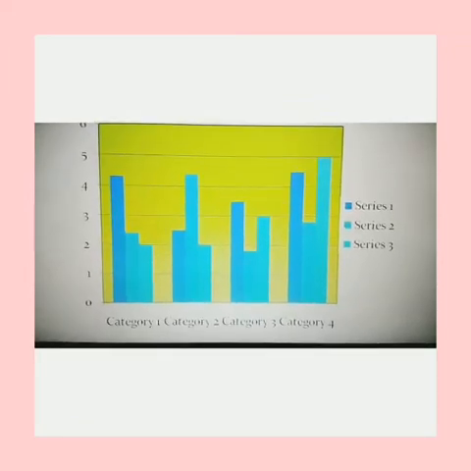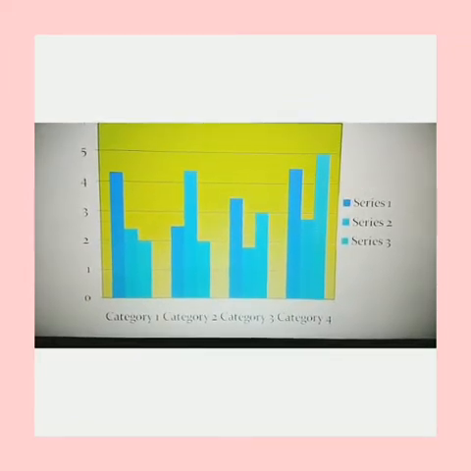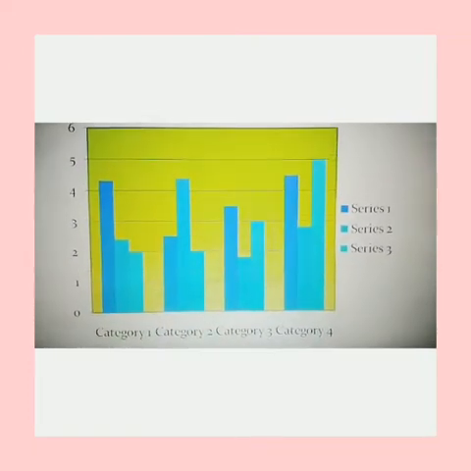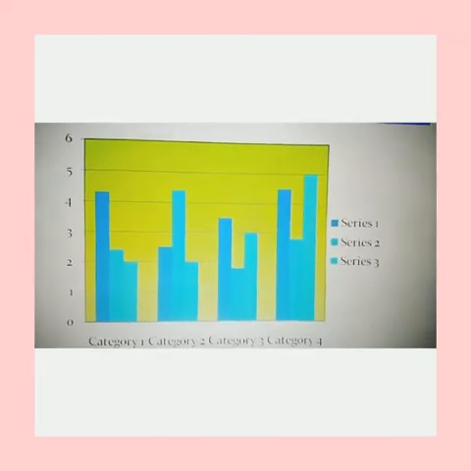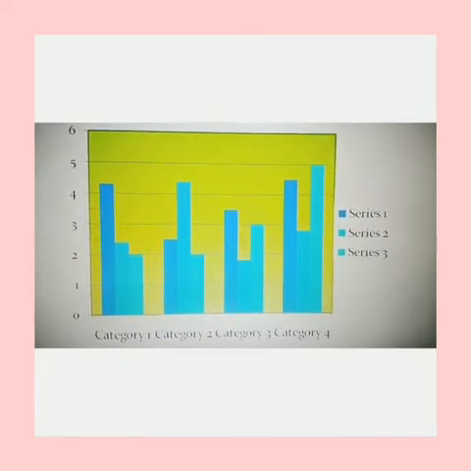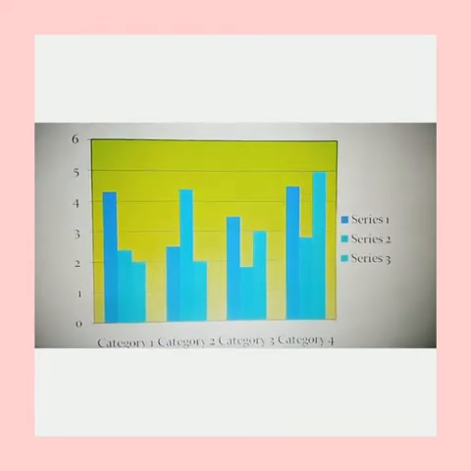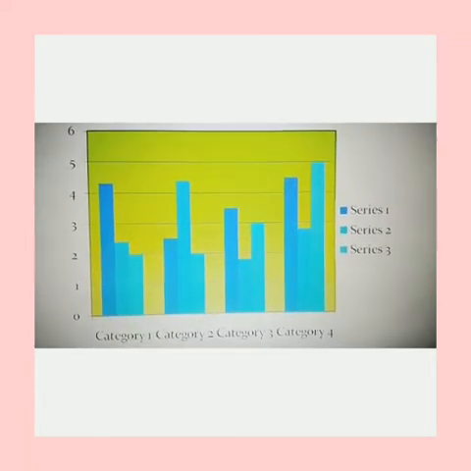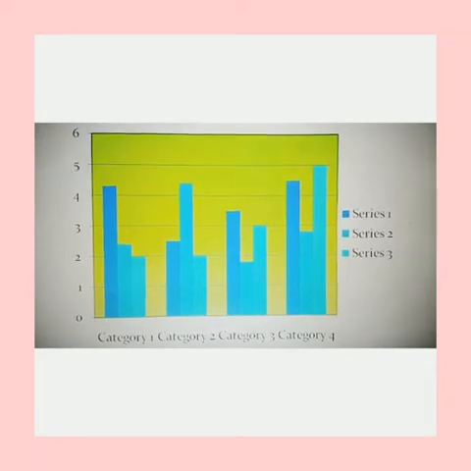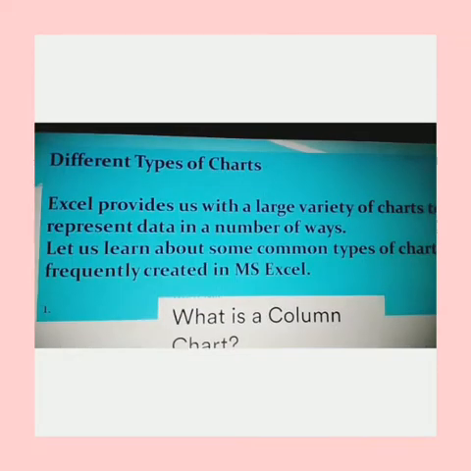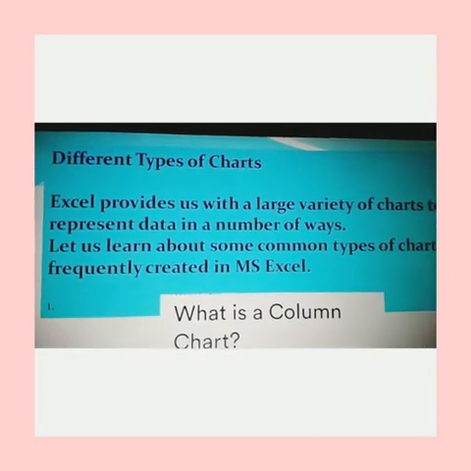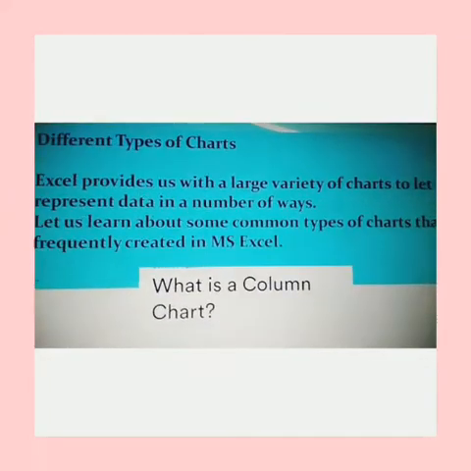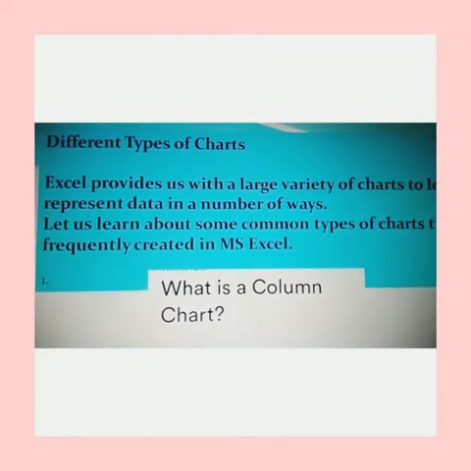Comparison and trends can also be shown at a glance with the help of charts. That is all about the significance of a chart. And second, we discussed the different types of charts: column chart, pie chart, bar chart, area chart, etc.